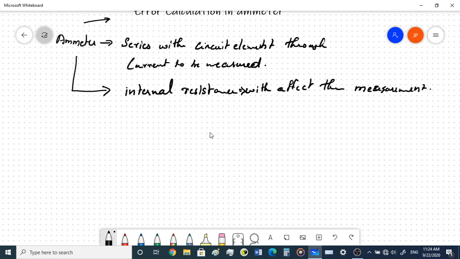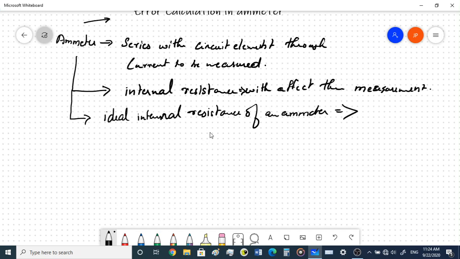Now the answer to this question is very simple. The internal resistance should be very small in comparison to the circuit elements. Definitely that is a factor. So the ideal internal resistance of an ammeter should be close to 0 ohms.